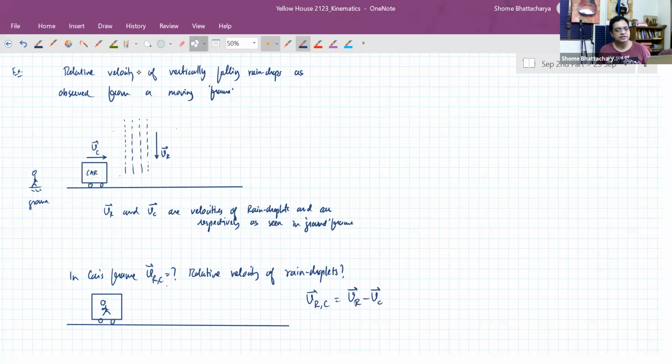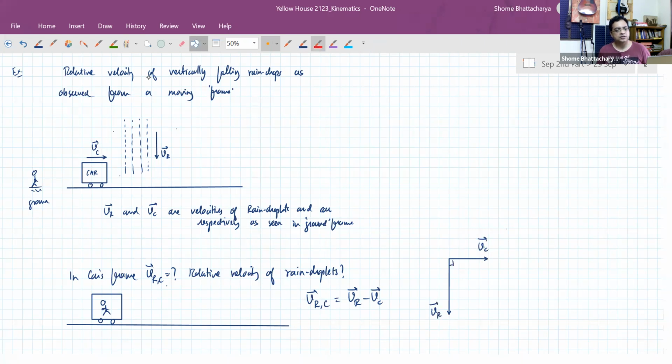So if we draw these two vectors, you can see that velocity of the rain is like this, and velocity of the car is a vector like this. They are perpendicular to each other.